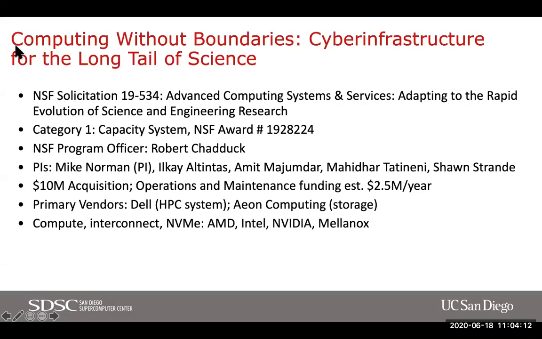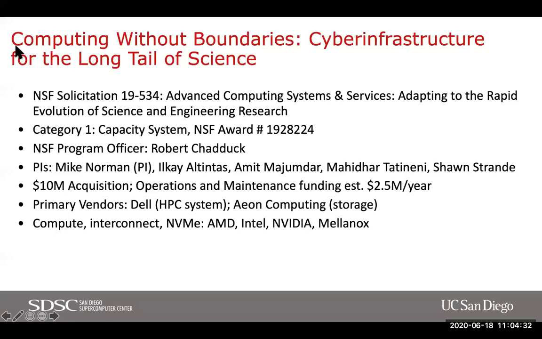So Expanse is basically a response to the NSF solicitation for advanced computing systems under the Category 1 capacity system. The PI on the project is Mike Norman, and Ilkay, Amit, me, and Shawn are co-PIs on it.